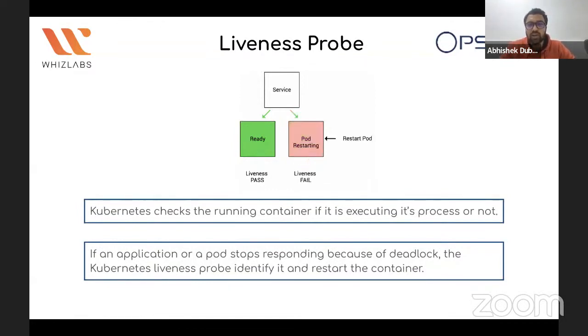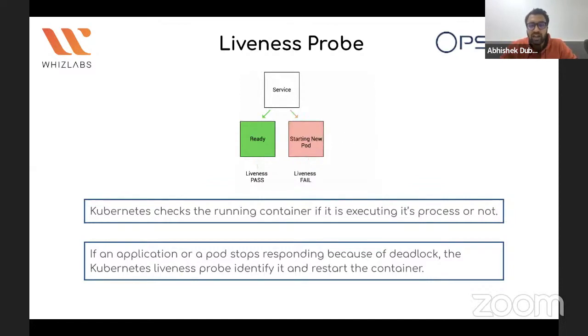Let's suppose it's not able to connect with the dependent application, but this pod is able to connect with the dependent application. Now, if someone is making a request to the Kubernetes service, some of the requests will succeed because it's going to the green pod, but some of them will fail because it's going to the red pod. That means this pod is actually in the hung state, but the process is running and Kubernetes is not able to identify if it is in the hung state or not.